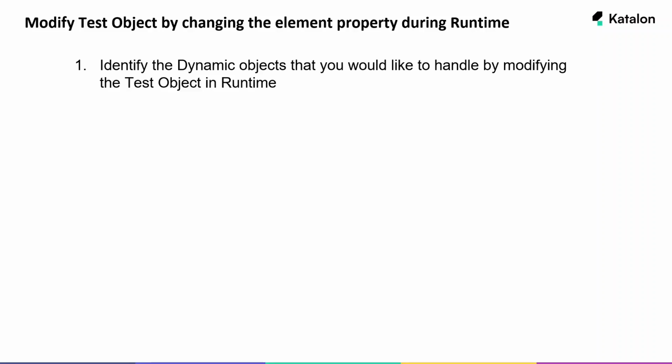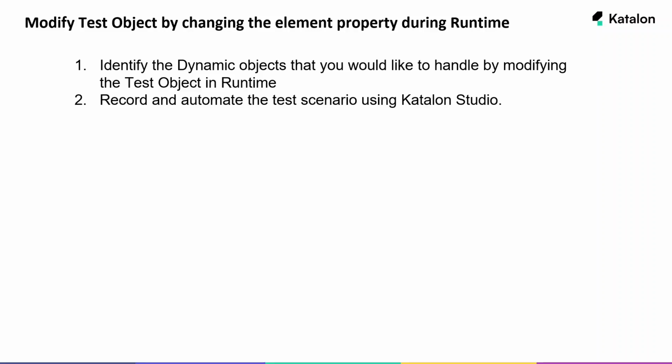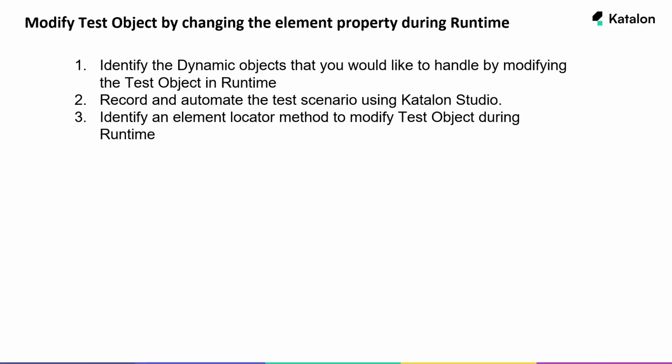First, we are going to identify the dynamic object that you would like to handle by modifying the test object in runtime. And then we need to record and automate the test scenario using Katalon Studio.